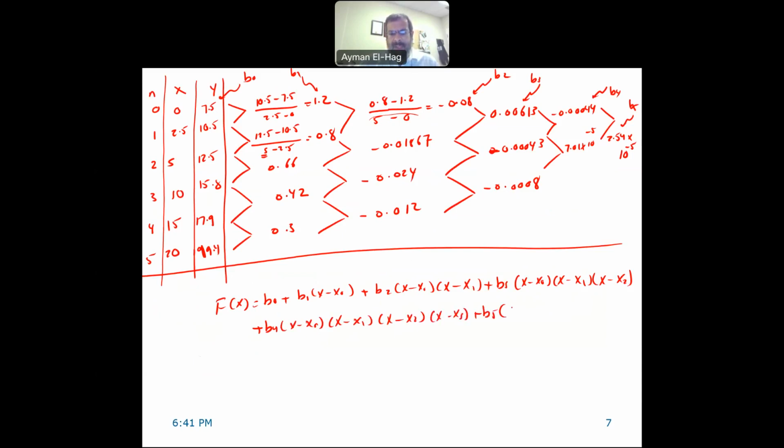Finally, B5 x minus x0, x minus x1, x minus x2, then x minus x3, and finally x minus x4. Now, this is x0, x1, x2, x3, x4. So we have all these x's, we have all the b values. So now when you substitute as expected to find f at 3.5, you will get 10.95 as we found before.